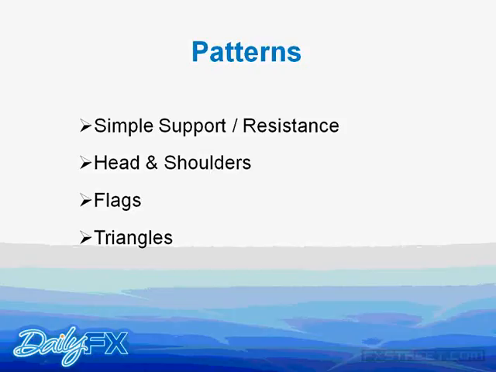And then flags is a pattern that you're probably familiar with if you saw it, but you may not be familiar with the name of it. I got some interesting examples lined up for it, and triangles. The interesting thing about triangles is this is affected by the Japanese yen, a very large triangle that had been forming prior to the earthquake.